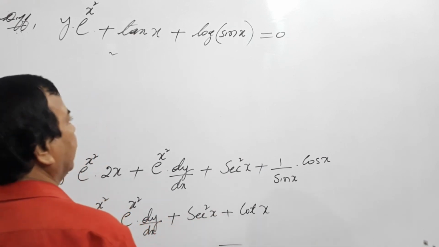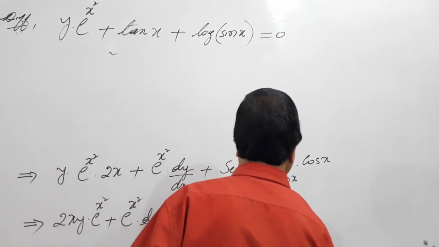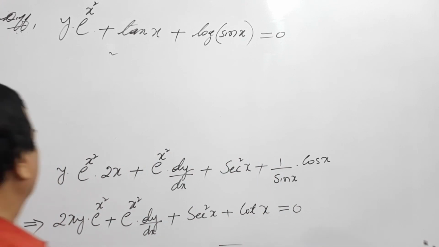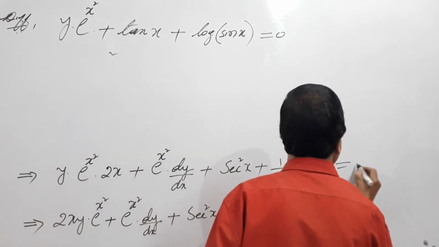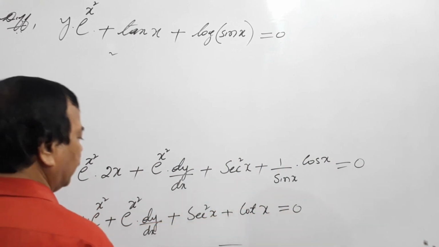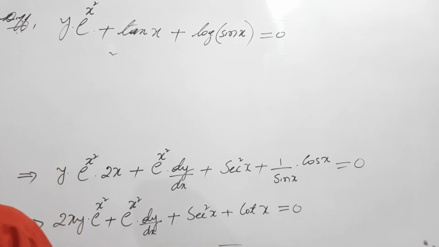So I'll say on the right hand side we have equals to 0. So here also equals to 0. So I'll send this to the right hand side. So this becomes what?